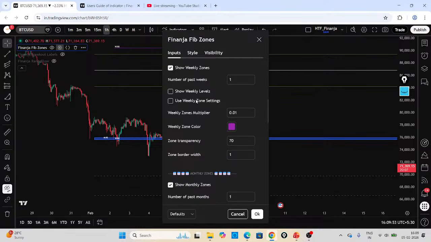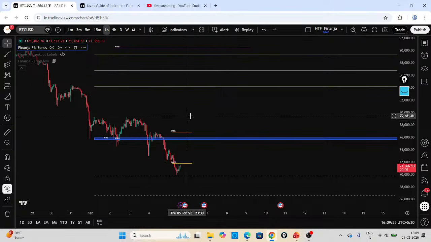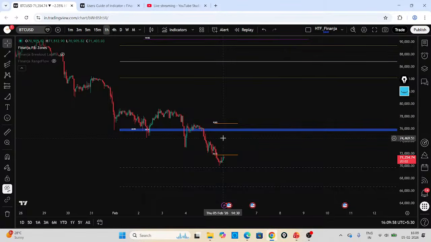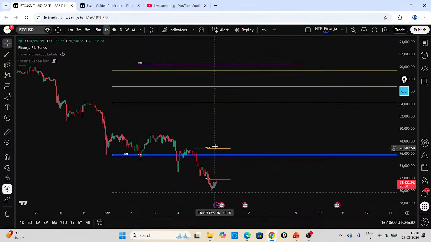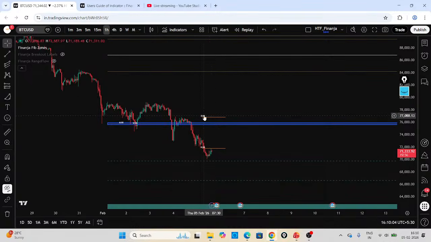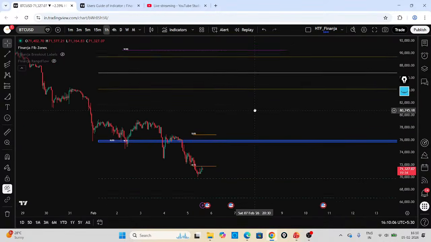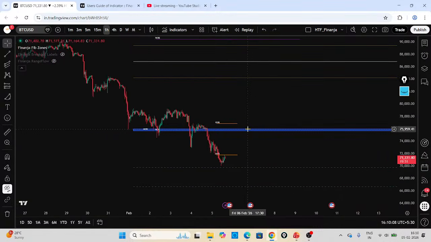So yeah, this is what I wanted to mention. You can keep the main levels, and even if you are a monthly level trader, you can keep the main levels of daily and weekly, so that will be helpful for you to take some decision.